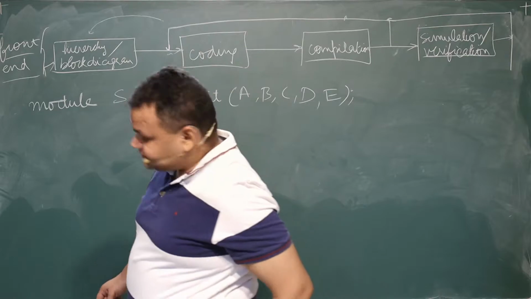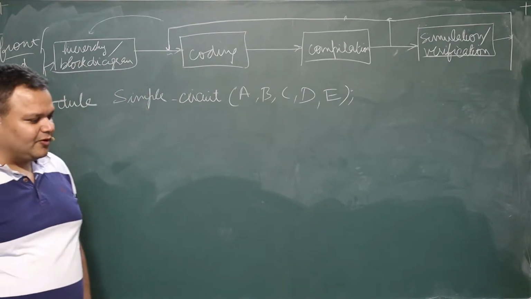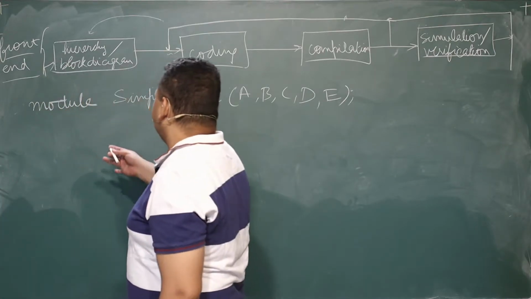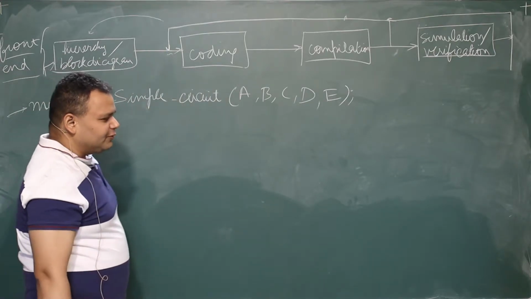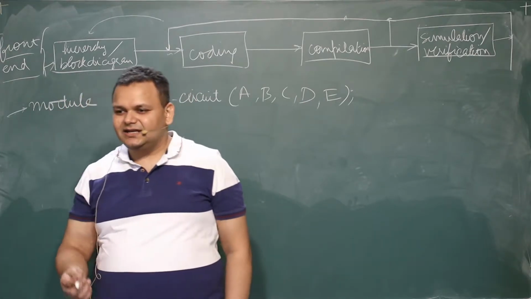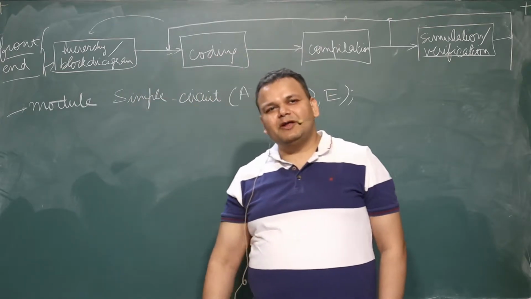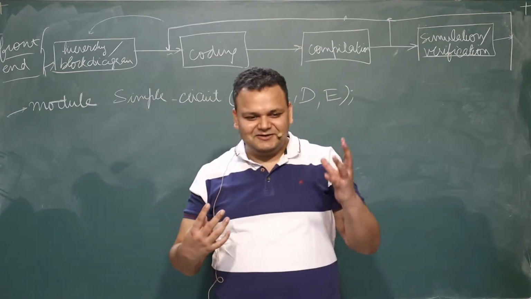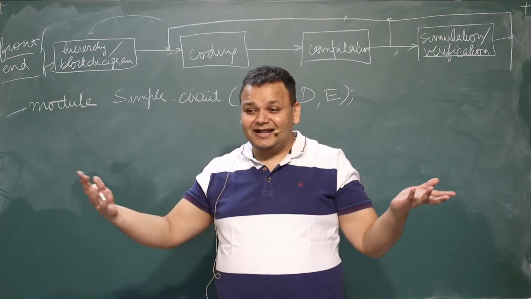The first thing that you will describe in any program, most likely the first line, is going to be your module. Like you have classes in Java, similarly you have modules in HDL. In Verilog, a module can be thought of as a module in English: a digital, an electronic component.